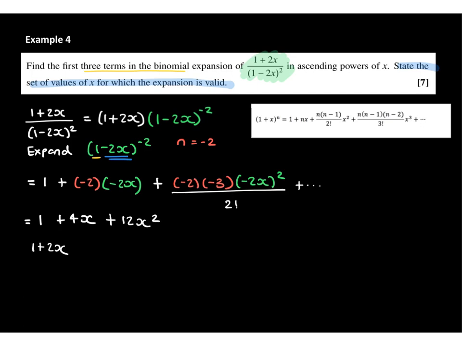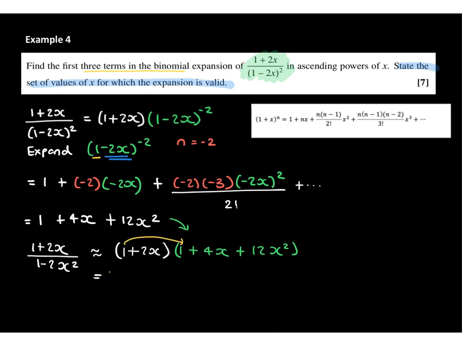So we know that ((1 plus 2x) over (1 minus 2x)) squared can be written as (1 plus 2x) multiplied by these 3 terms here, 1 plus 4x plus 12x squared, approximately. So let's carry out the expansion. 1 multiplied by 1 is 1. 1 multiplied by 4x is 4x. 1 multiplied by 12x squared is 12x squared.